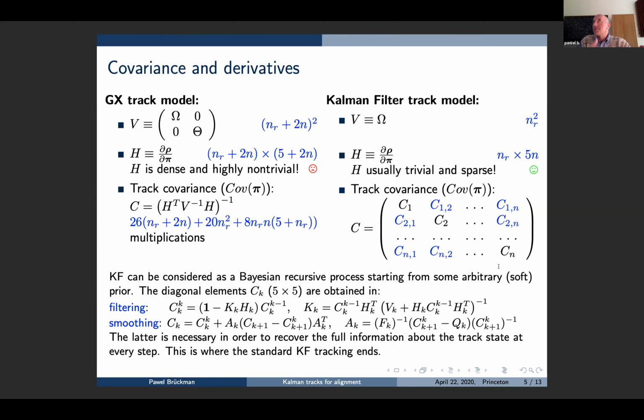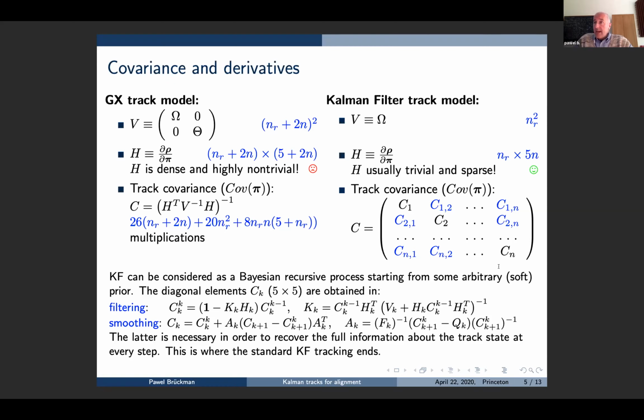All the parameters, so 5 parameters per each state or measurement plane, if you like. Kalman Filter can be considered as a Bayesian recursive process starting from some arbitrary, typically very soft prior, which can be put in the limit to none.